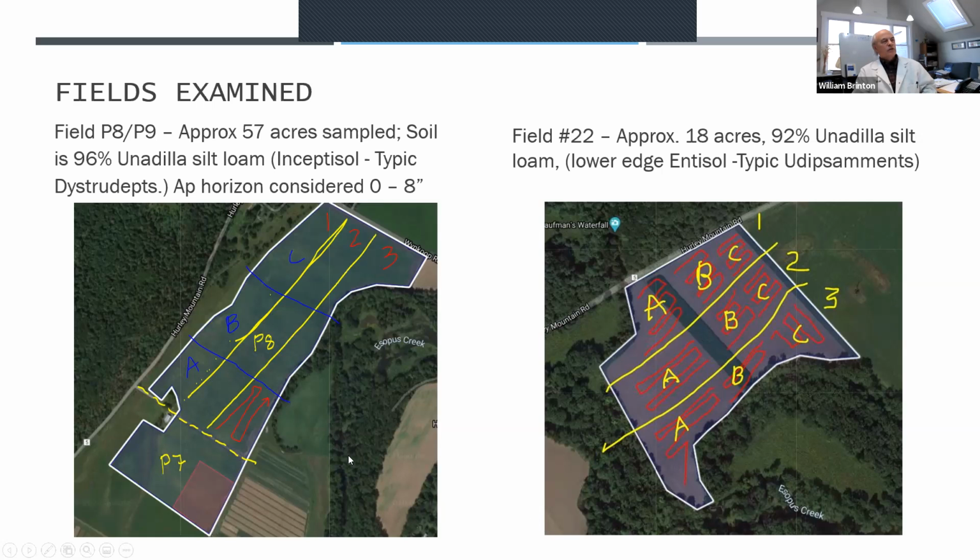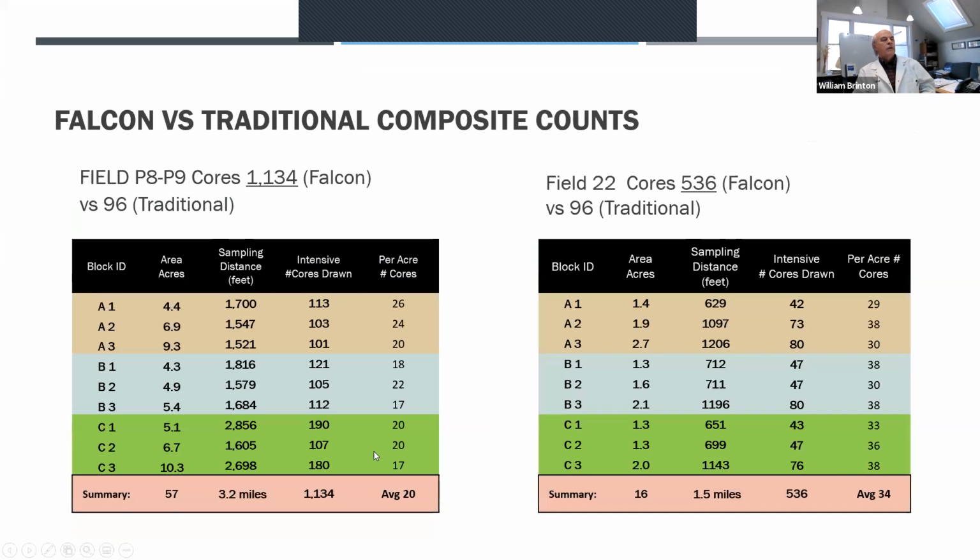And within each of those, we did a zigzag pattern with the big sampling machine to basically collect as many as was reasonable. So at the end of the day, everything is composited into all these individual samples. So we have a 3x3 grid times 3 for each field.